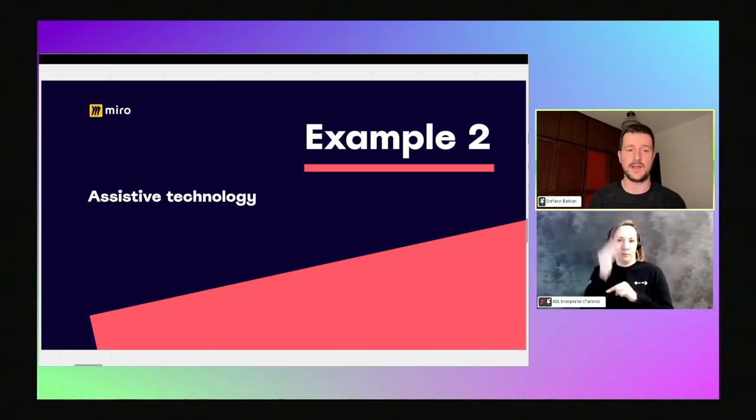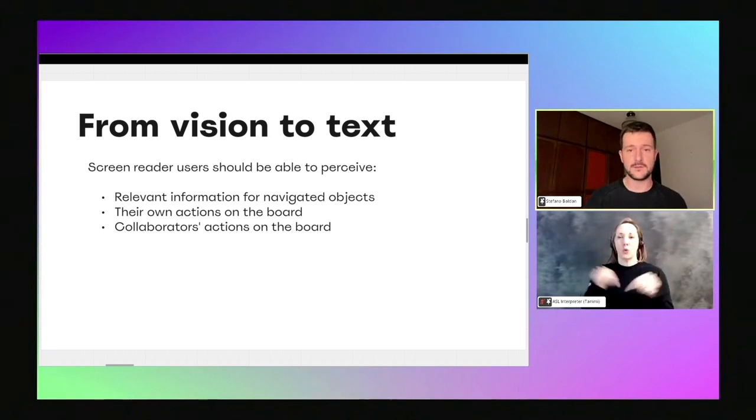We are planning to support several assistive technologies in the future, but for the moment, we are focusing on screen readers, basically transforming all of the visual content of our Miro boards into text for screen reader announcements.